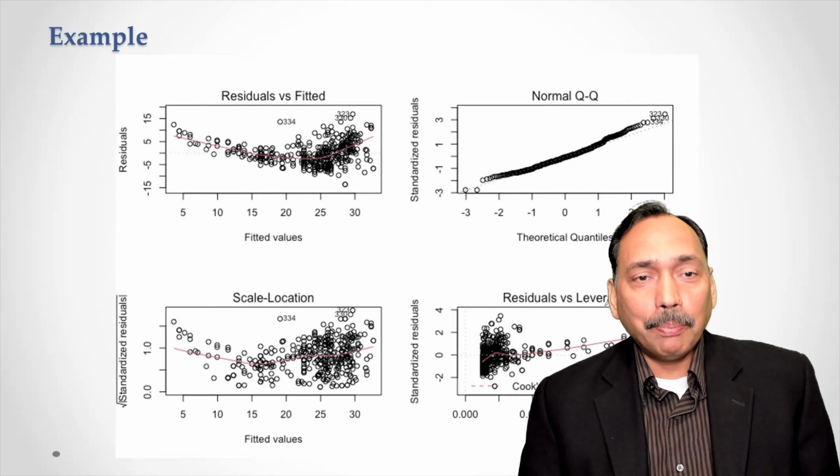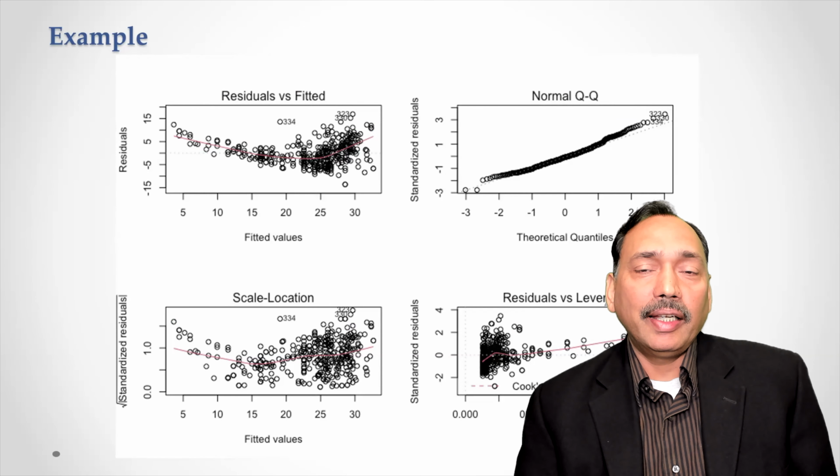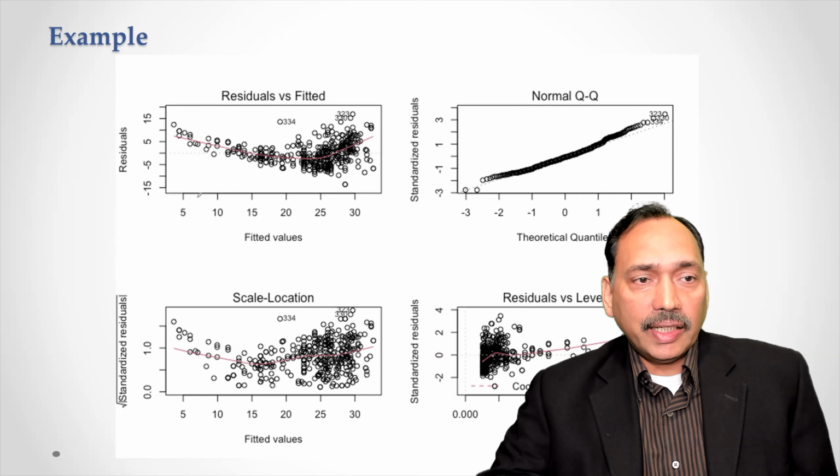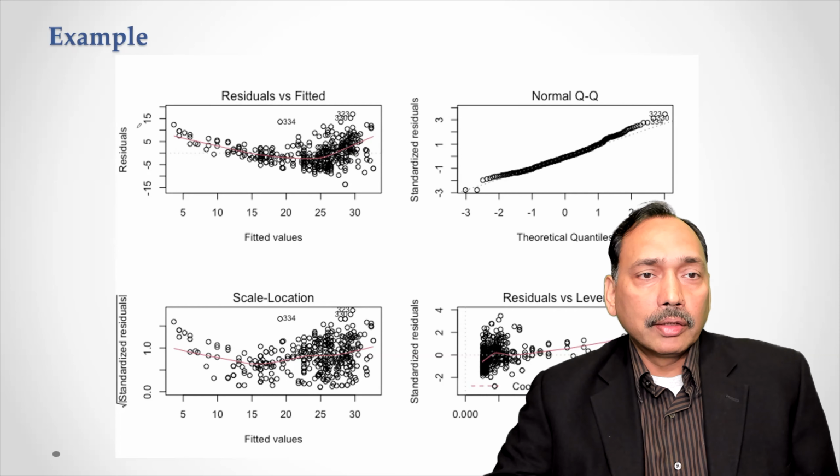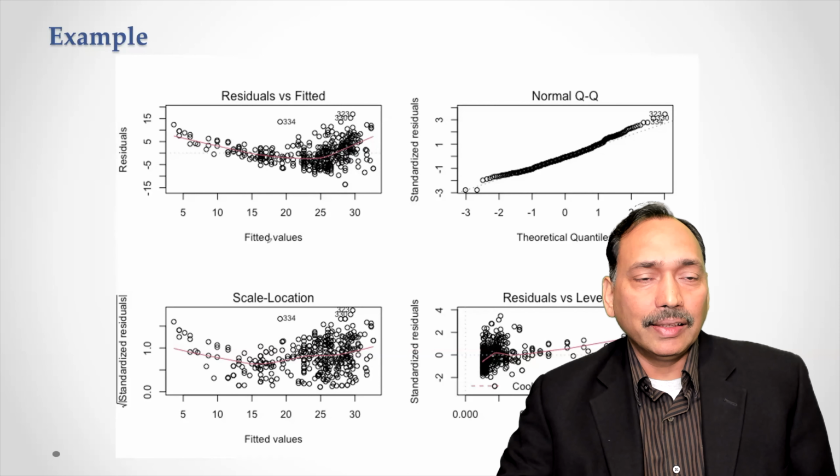Just to give you an example with a bigger data set and another data, that data set gave these 4 plots. So if you review the first plot, residuals versus fitted line, we have this dotted line here in the middle.